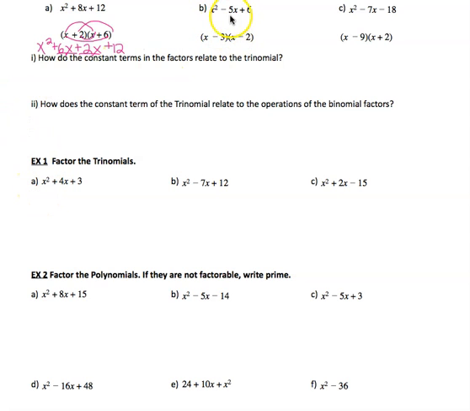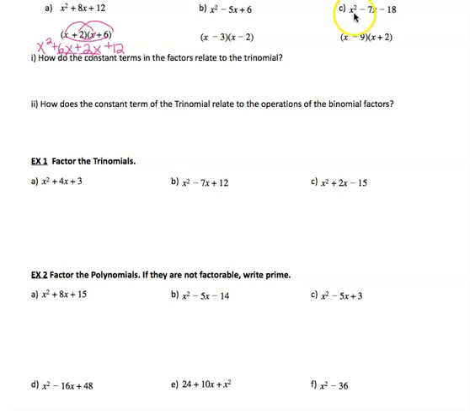So here in B, I had x squared minus 5x plus 6, and this factored into x minus 3 times x minus 2. So notice in my first example, plus, plus, plus, plus. Here I had minus, plus, minus, minus.